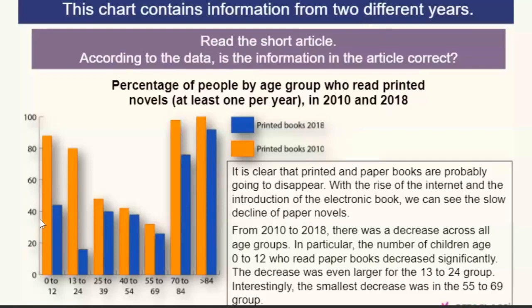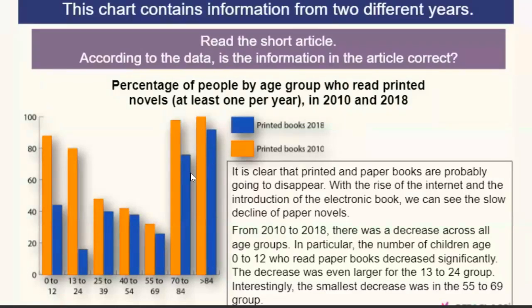You can also go by each group or the extremes, right? You can go from 0 to 12 in 2010 versus in 2018, or the 84 plus, which are all the seniors.